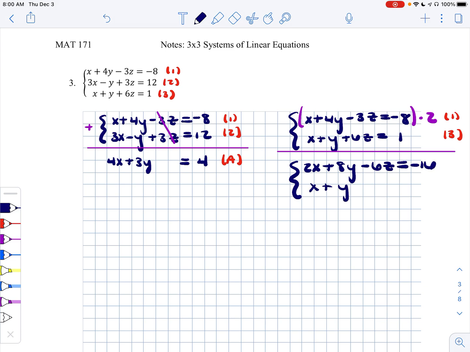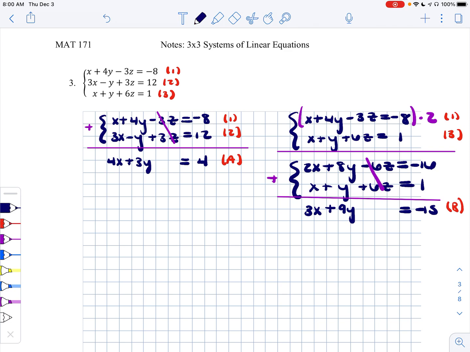And just copy that other equation down. All right, and then add them up. So of course our z's cancel out as we planned, and then just add the rest of it. So we get a 3x plus 9y equals negative 15. And that is our equation B.